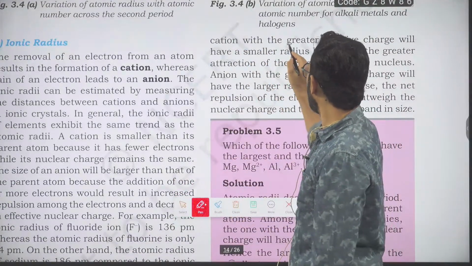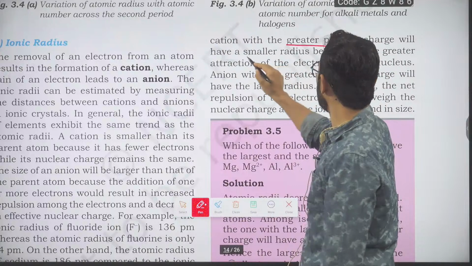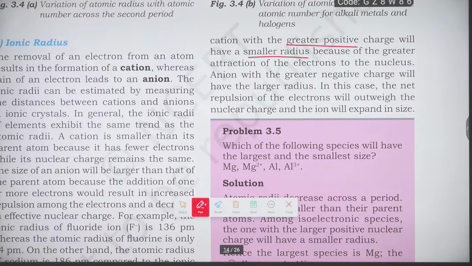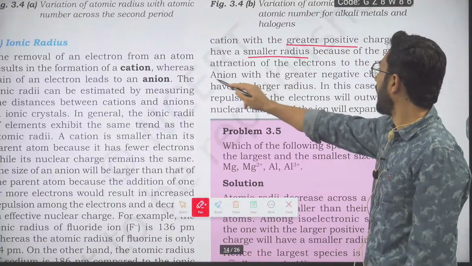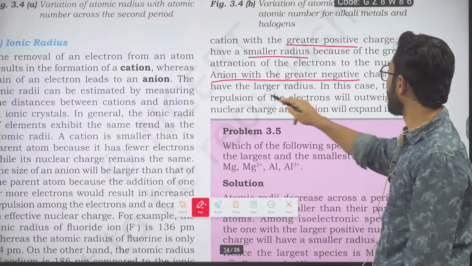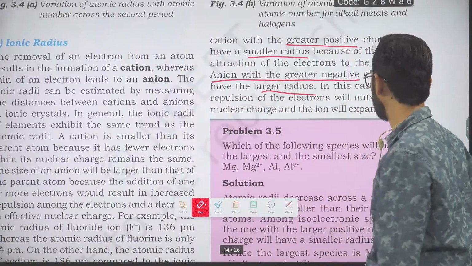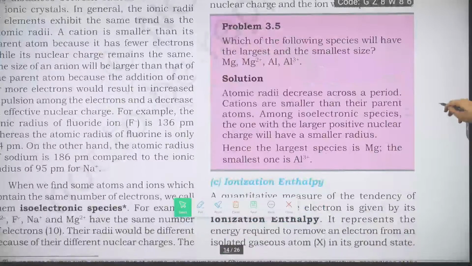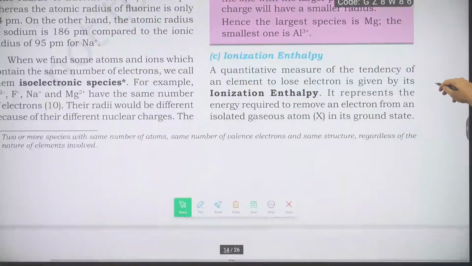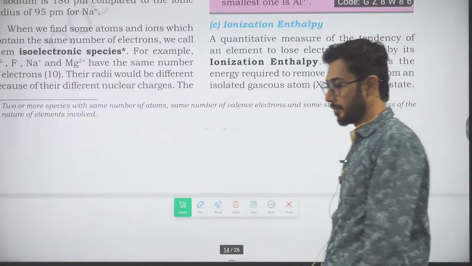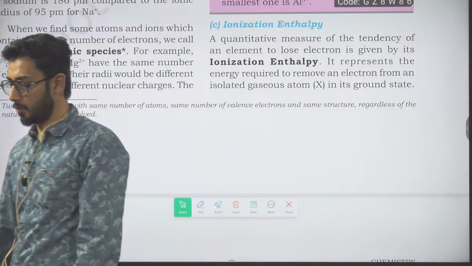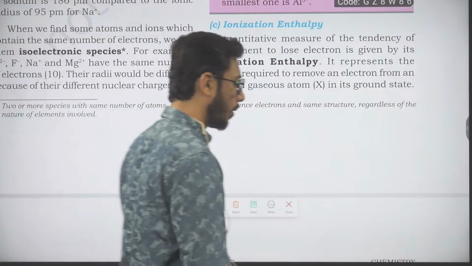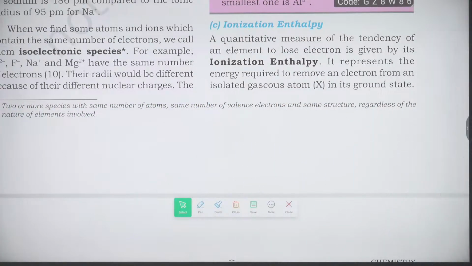Greater the positive charge, smaller will be the radius because higher will be the Z effective. Anion, greater the charge, more repulsions, larger will be the radius. Clear this term? So first term we have completed, which is radius, atomic as well as ionic.